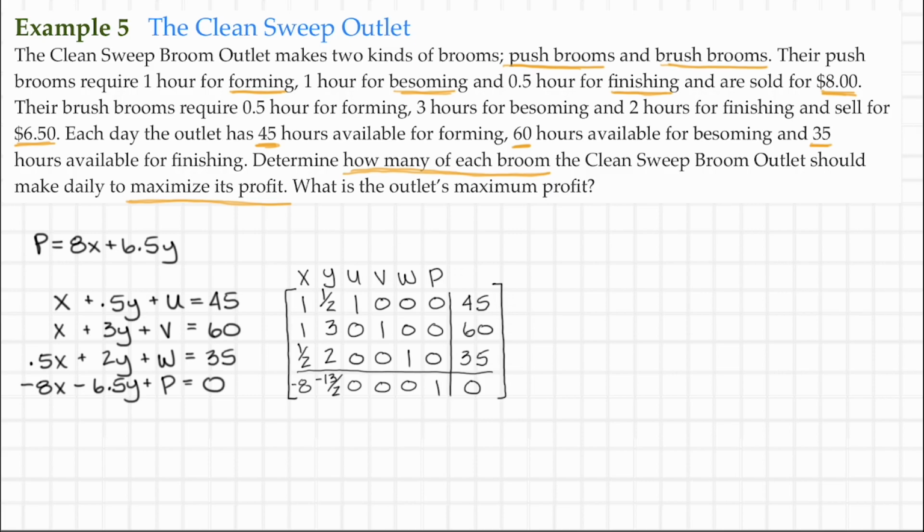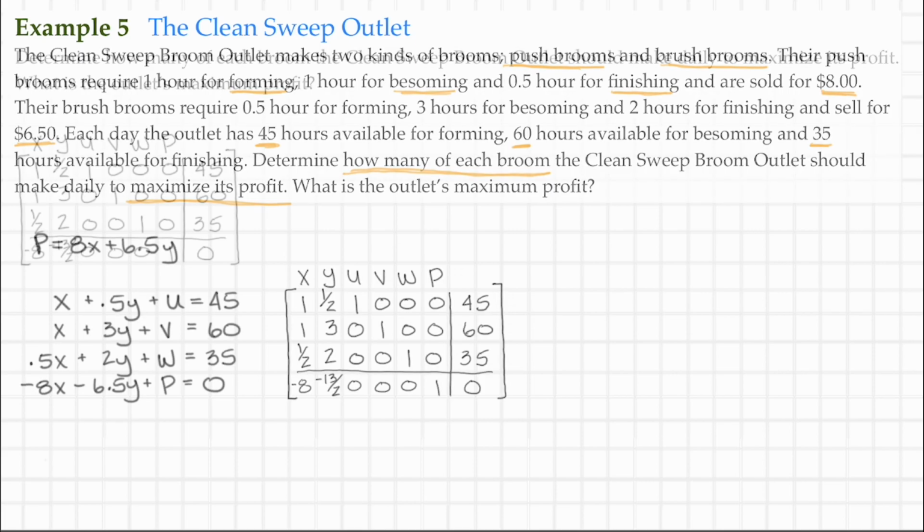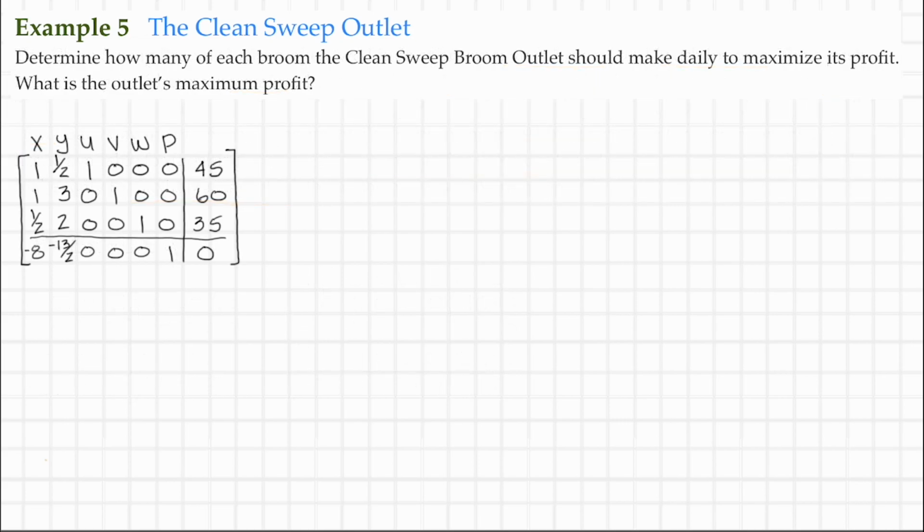So the next thing we're going to do is determine our pivot element. To select a pivot element, we look for the most negative value in the last row, and that's going to be -8. So this column becomes our pivot column. Then for our pivot row, we take each value within that pivot column and divide it into the constants over here.